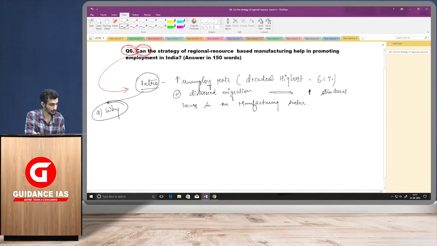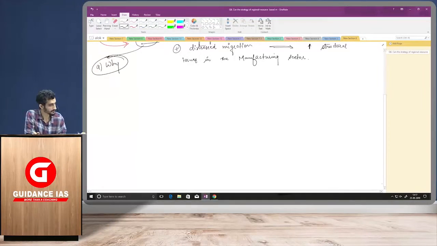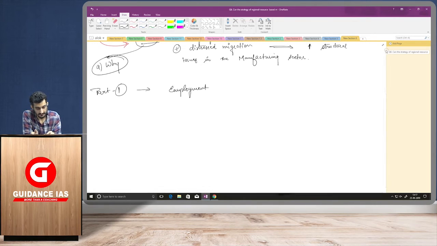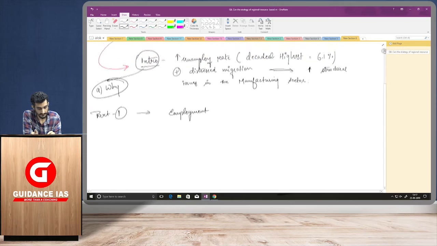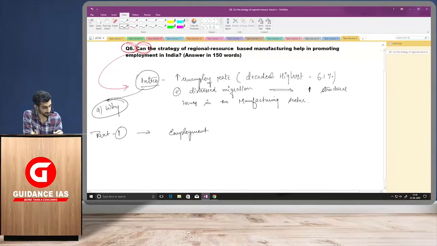So if we look further, how can regional resource based manufacturing be a game changer? Part 1, it will lead to employment opportunities, because if you look at the main theme of the question, it is asking in promoting employment in India.